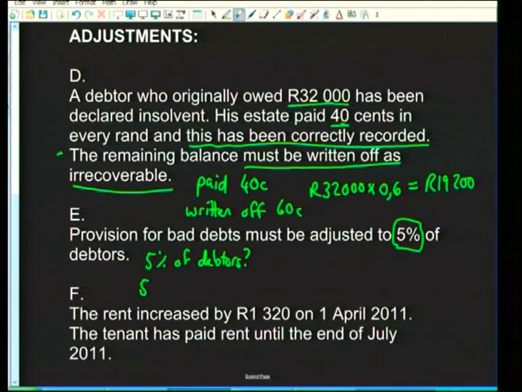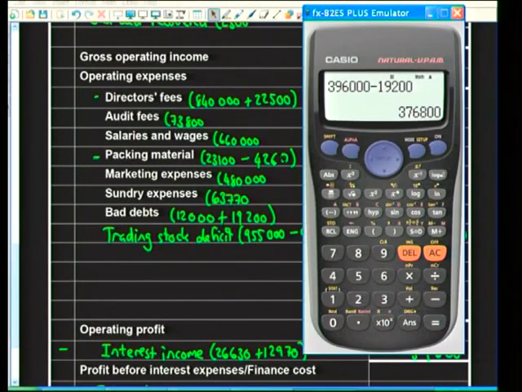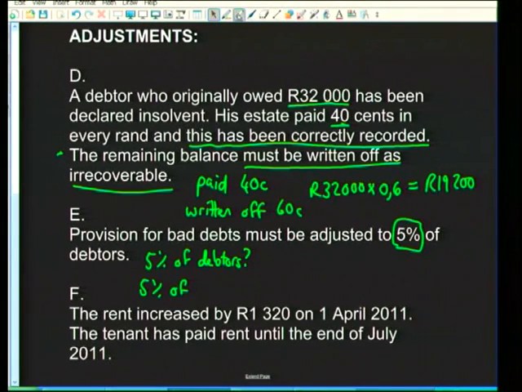So what is 5% of 376,800? 5% of 376,800. You should know from your basic mathematics that the word of always means multiply.